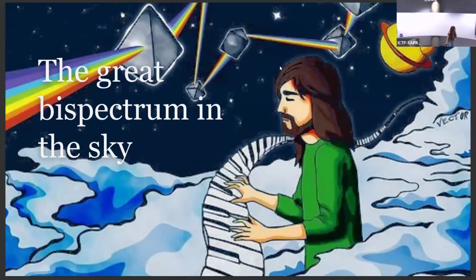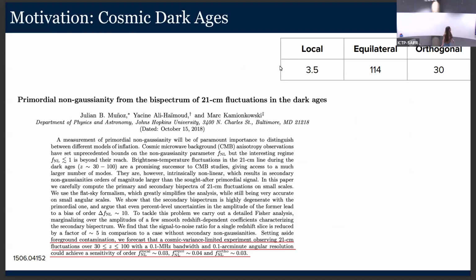I was going to tell you about the stuff that I did with Dark Ages, but I'm going to skip that. Just to close, I told you that it's very difficult to constrain this with galaxy surveys. If you think about the equilateral and the orthogonal shape, this is not going to be constrained, even with the best surveys.